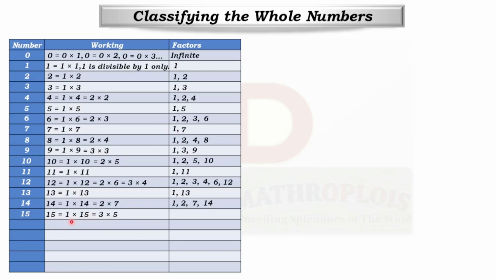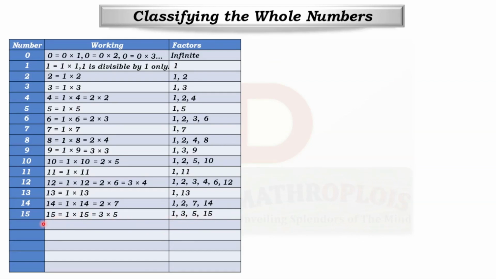In this case, first factor is 1, second factor is 3, third factor is 5, fourth factor is 15 itself. We can note here that 15 has a total of 4 factors, meaning more than 2 factors.